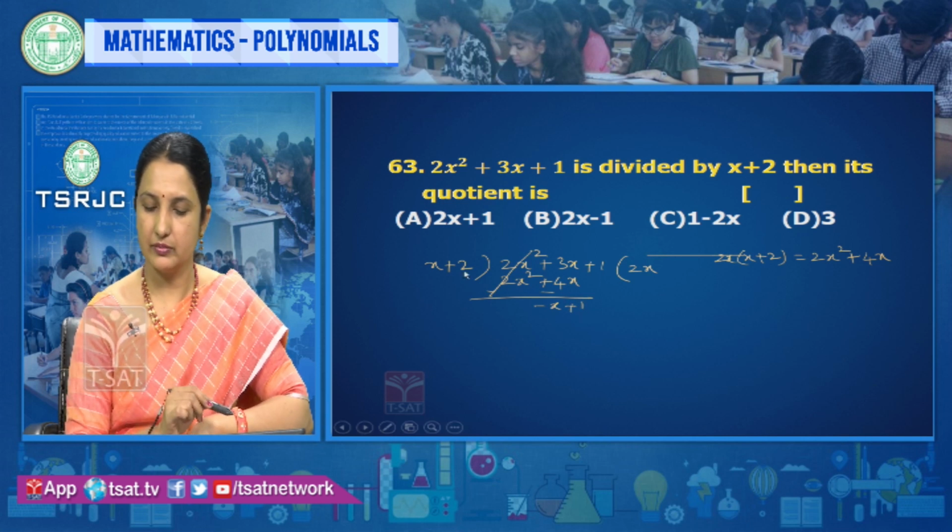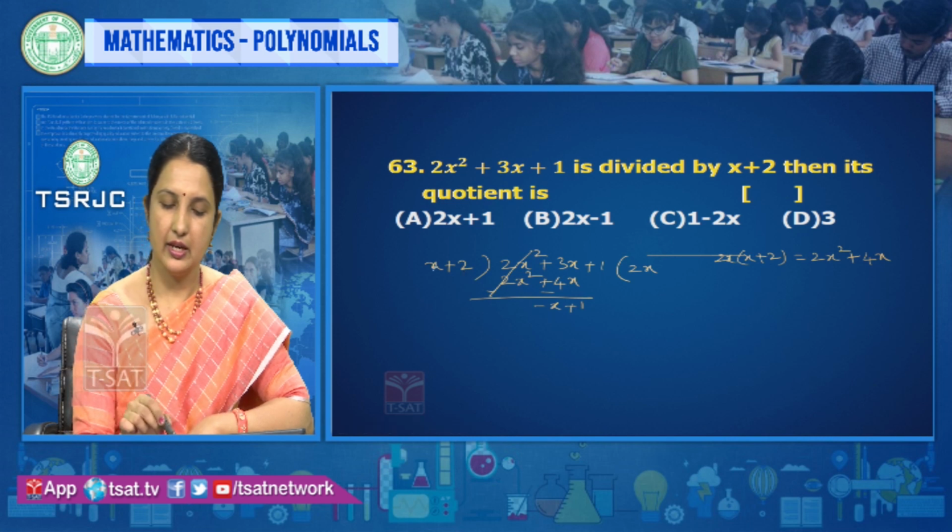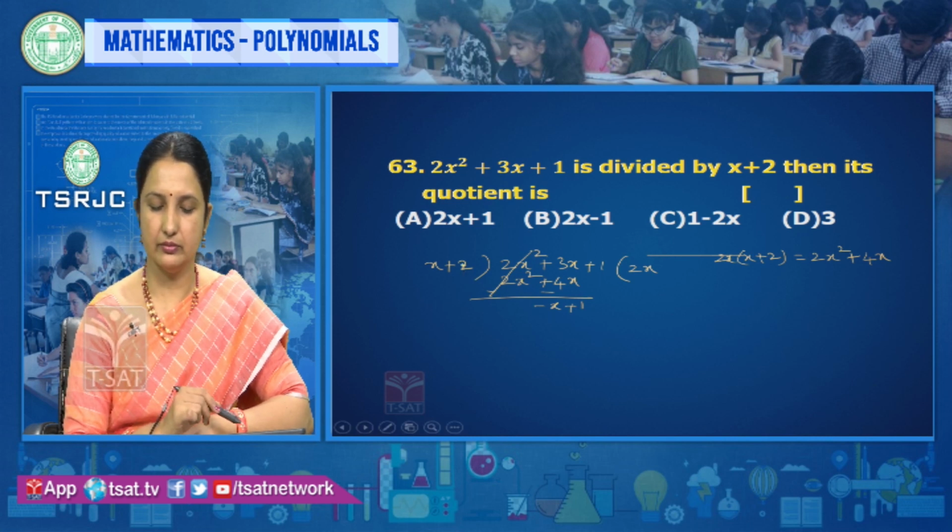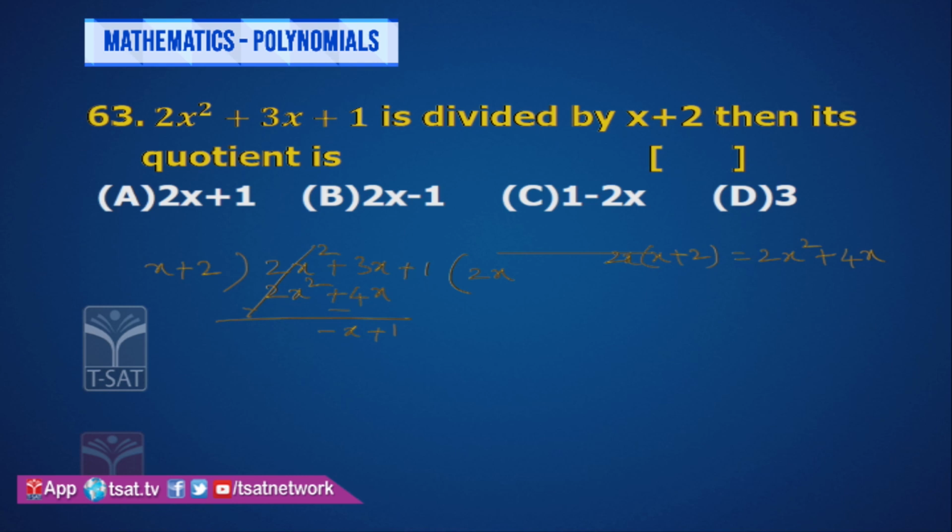Then next, what is there? x plus 2 is there. So for this, you have to multiply this x plus 2 with minus 1. Then you will get minus x minus 2.